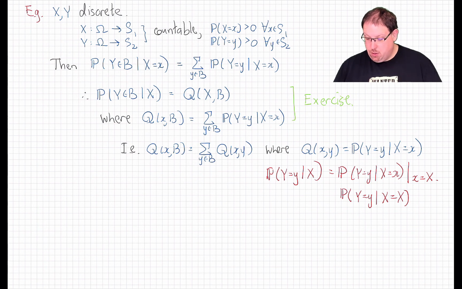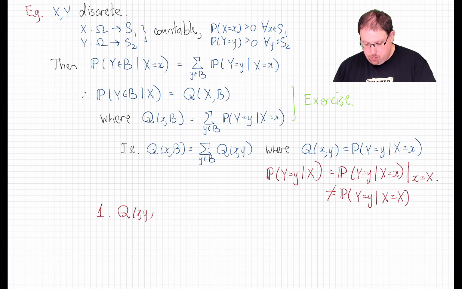You would then be drawn to conclude that this is just the probability that Y equals little y, which is not true.